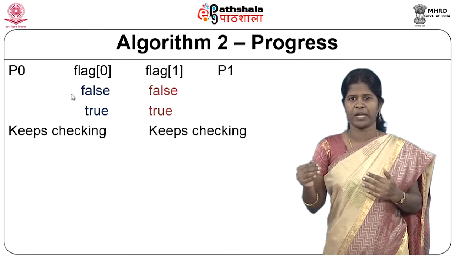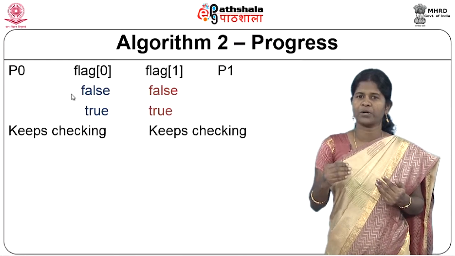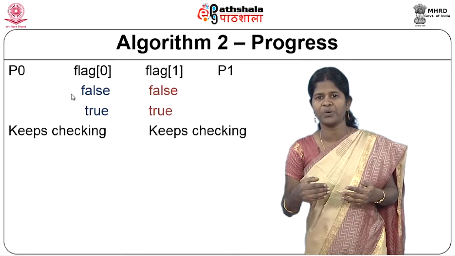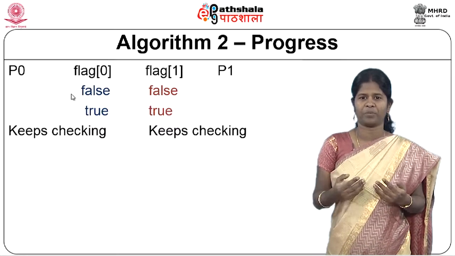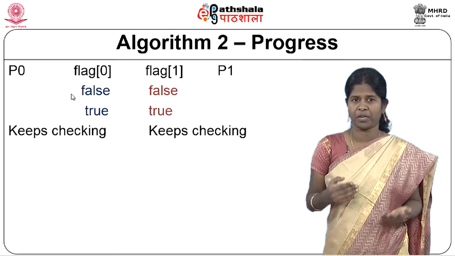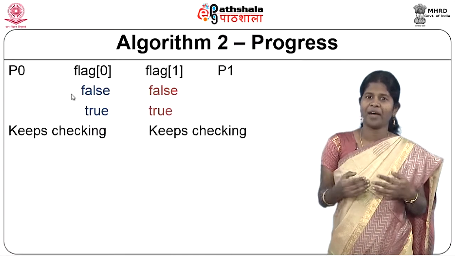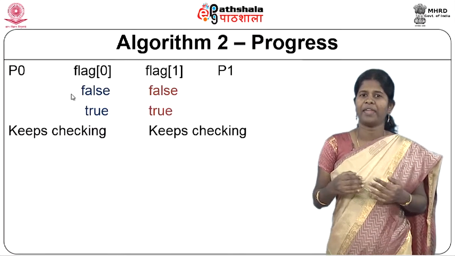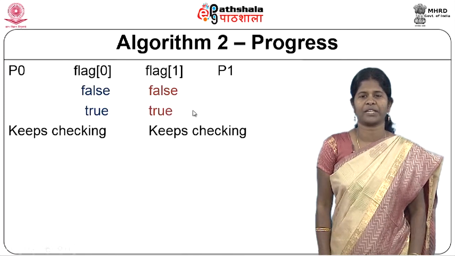Say the CPU is given to P0 and P0 will also keep on checking flag of 1, it will find flag of 1 to be true and P0 will also keep on going in the while loop. Now we find that P0 and P1 are continuously checking flag of 0 and flag of 1, they find them to be true, and both of them do not enter the critical section.